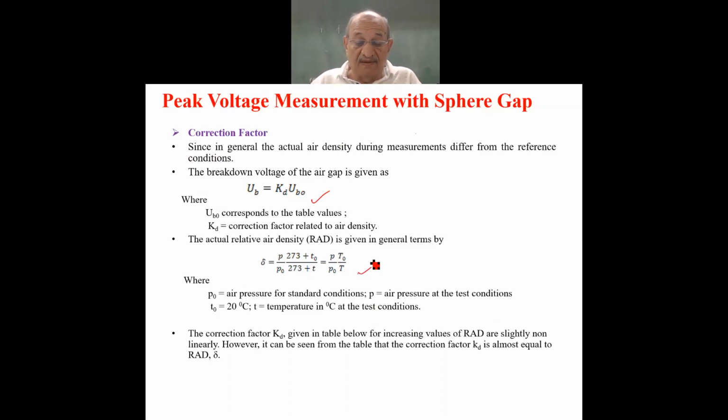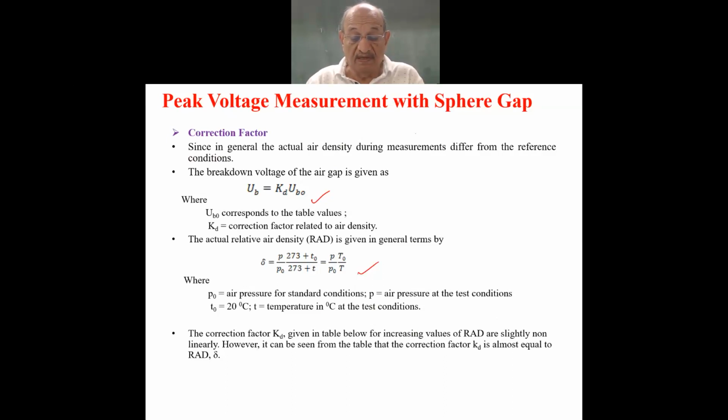P is the pressure at the time of measurement, and P naught is the reference pressure, multiplied by 273 plus T naught, the reference temperature, over 273 plus T, where T is the actual temperature at which you are measuring.